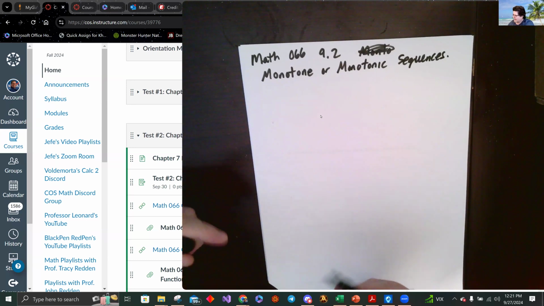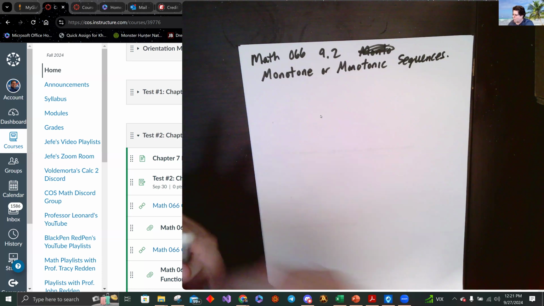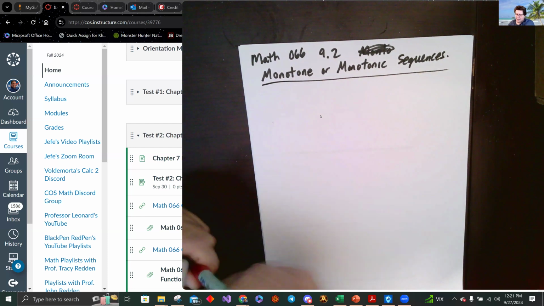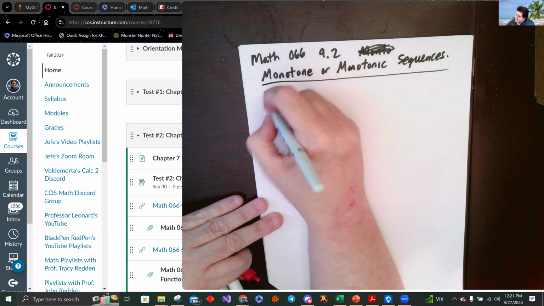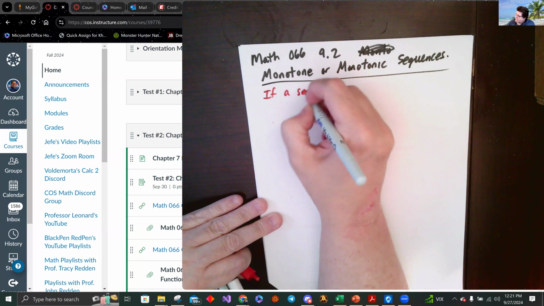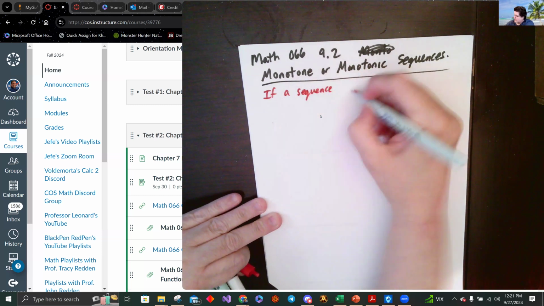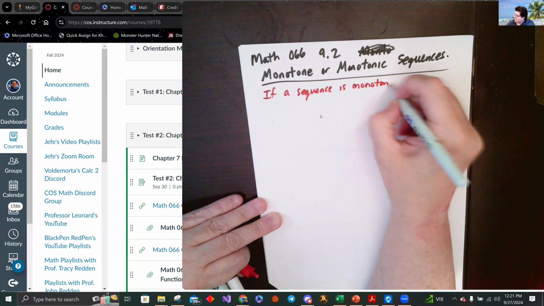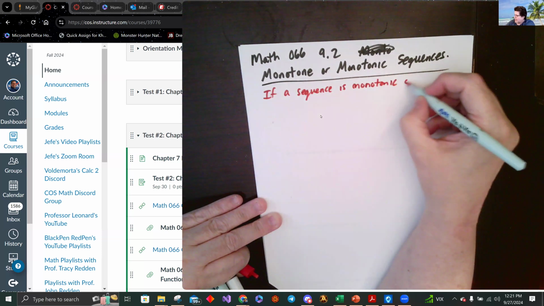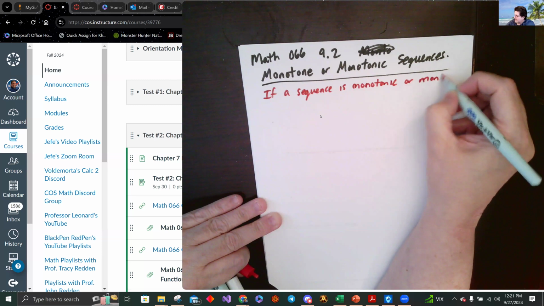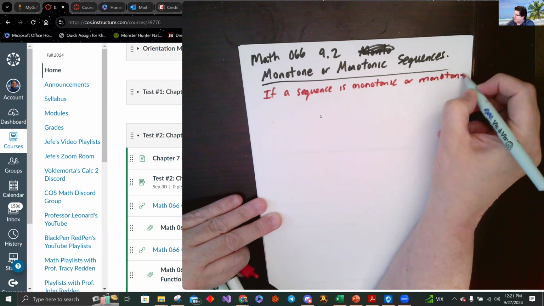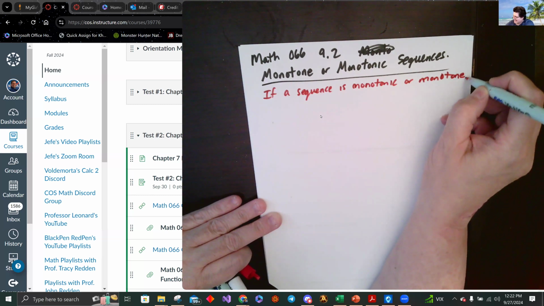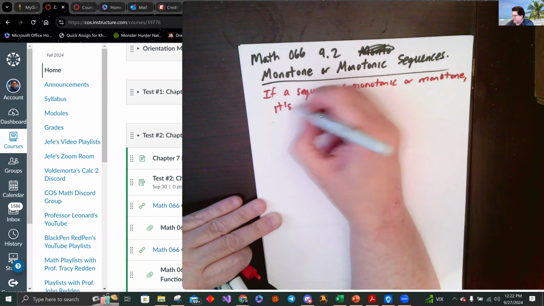And let's just say why we're doing this. Why are we doing this? If a sequence is monotonic, or monotone, depending on how you like to say it, it's fairly easy to check for convergence or divergence.